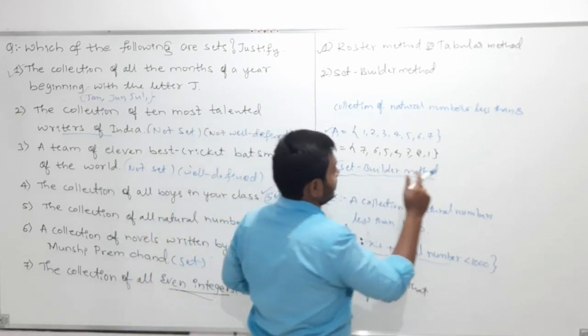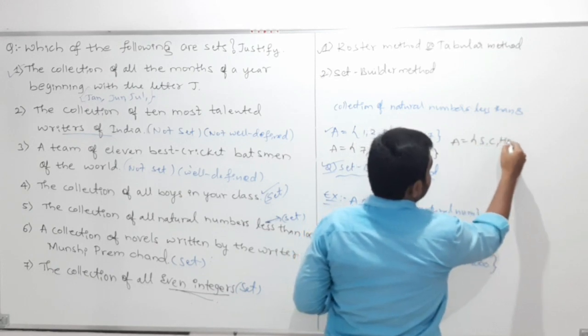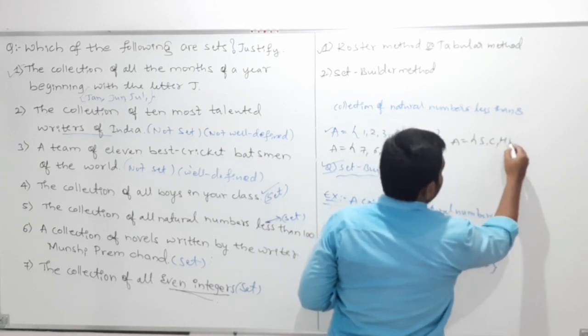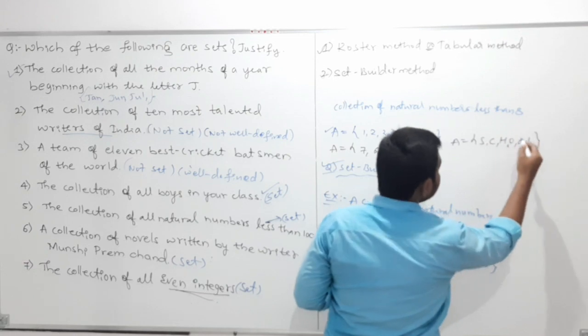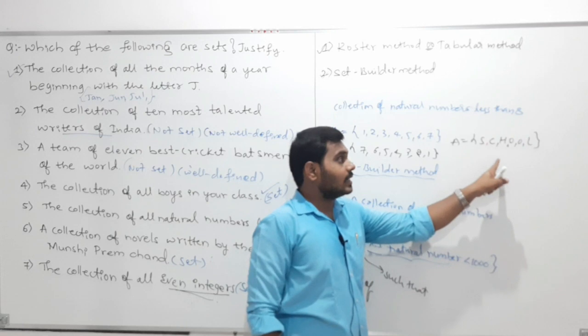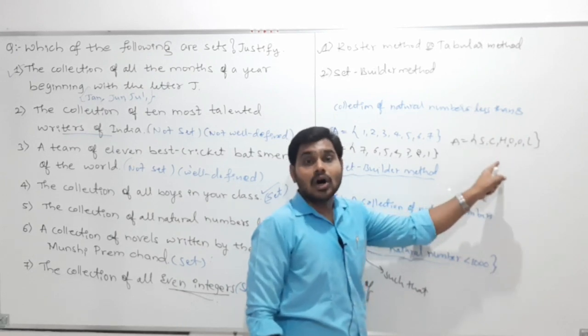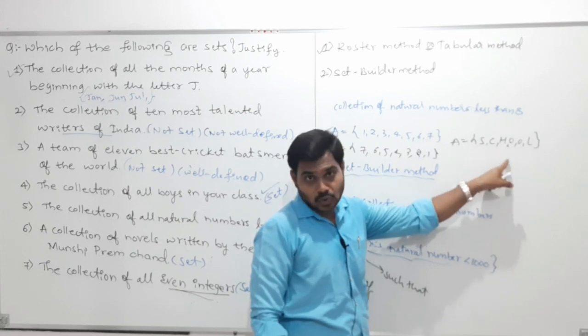For example, my dear students, if I take one set with S, C, H, O, O, L, these are all the letters of the word school. It is one collection I am taking here: a collection of all letters in the word school. So what are those?